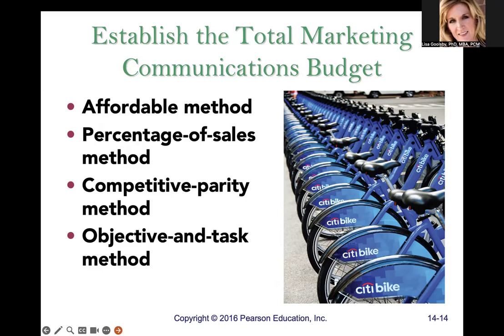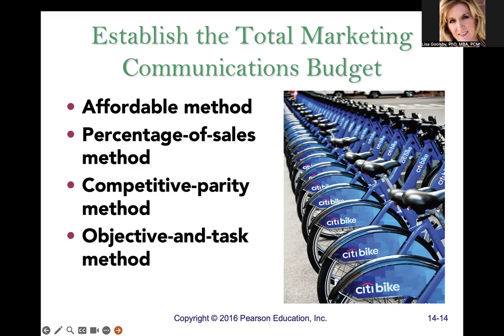Establishing the marketing budget is going to be important, the marketing communication budget. We have four really popular methods of designing a communication budget. The affordable method, here's how much money we have. You could do a percent of sales method. Here's what we sold, so here's what we're going to put towards that.